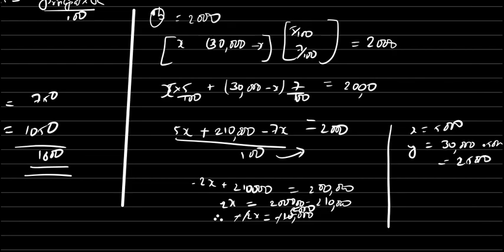You people can check: 5,000 into 5%, it will be 250. The 25,000 into 7%, how much will it be? I will check 25,000 into 7%. It is 1750. We will get 2000 here itself.